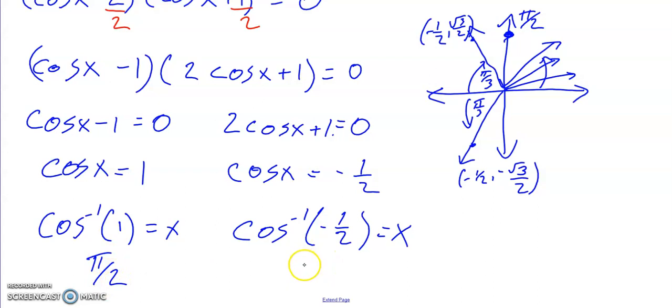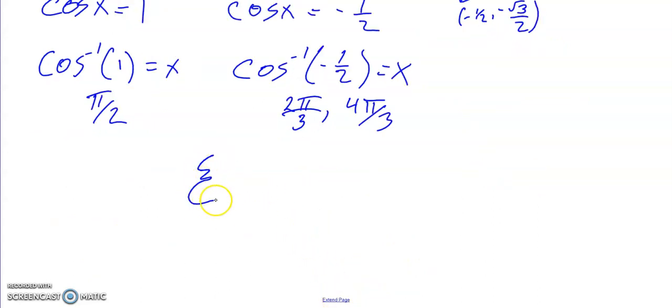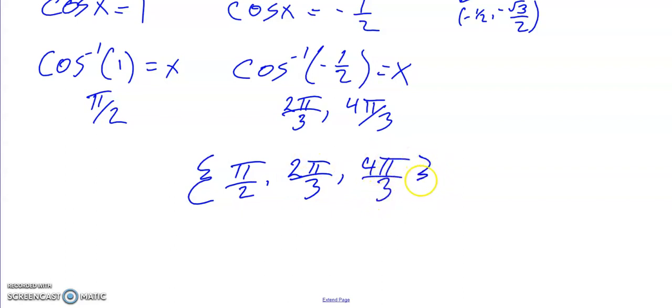And then because of these two values, we are going to get 2 pi over 3, and then one more, so that's going to be 4 pi over 3. And they only wanted us to find this on the interval, so my solution set in order is pi over 2, 2 pi over 3, and 4 pi over 3. There's my solution set. Boom.